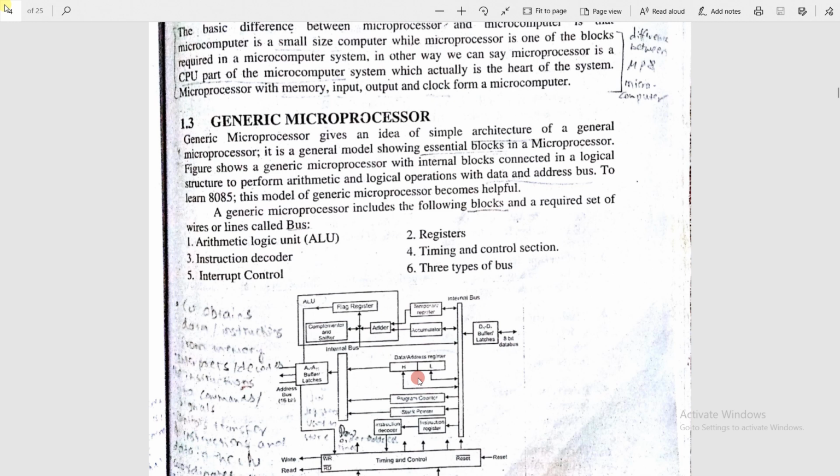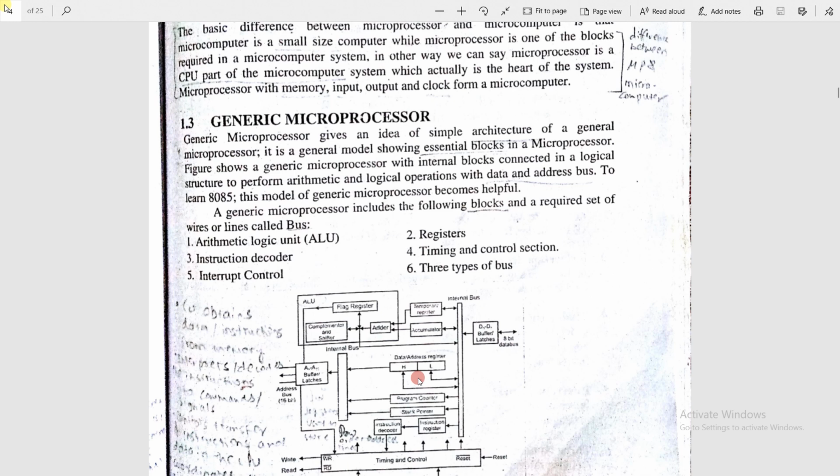This figure shows a generic microprocessor with internal blocks connected in a logical structure to perform arithmetic and logical operations with data bus and address bus. Data bus carries the data. Address bus carries the address of a particular memory location, address of a particular device. To learn 8085, this model of generic microprocessor becomes helpful.